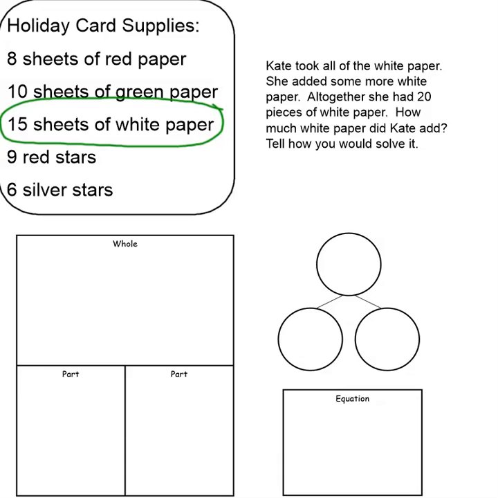Altogether, she had 20 pieces of white paper, and we know that she added some more. So, we know that she had 15, and we know that she added some more. We don't know how much, but altogether she had 20.